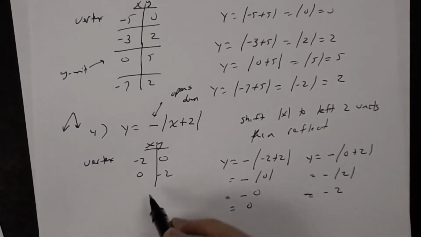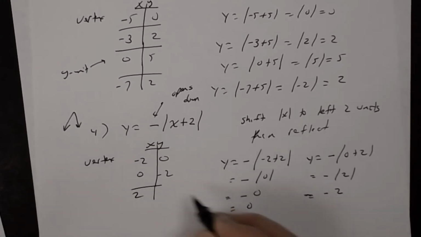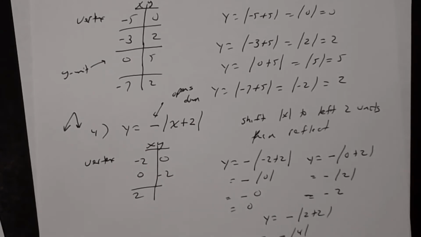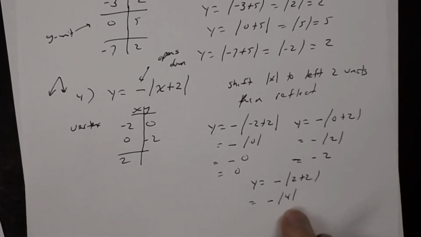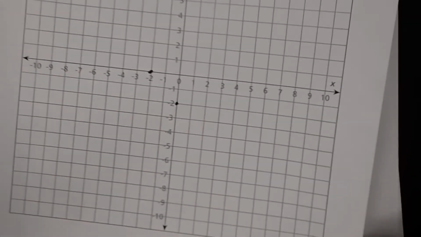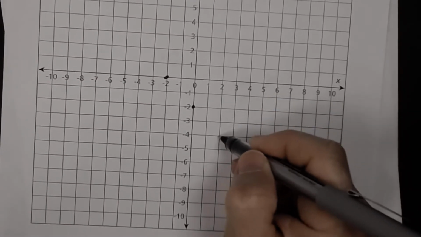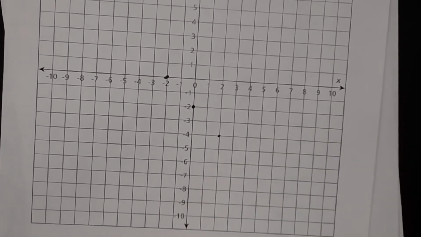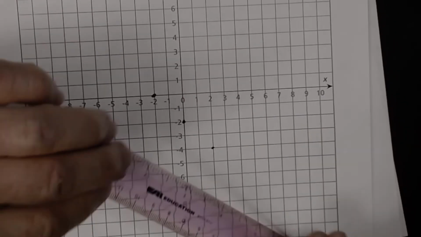If x is 2, I get y equals the opposite of the absolute value of 2 plus 2. 2 plus 2 is 4, so it becomes the opposite of the absolute value of 4. The absolute value of 4 is 4, so this becomes a negative 4. So 2, negative 4 is here. So I know now what the graph on this side looks like. So the graph on this side looks like this.